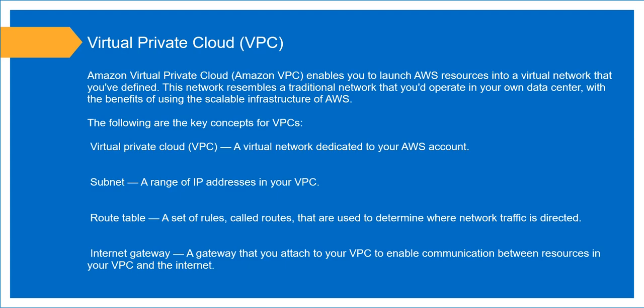And you'll have an internet gateway, and the internet gateway is attached to your VPC, and this is how your network communicates to the internet, to the world. So these are the main key concepts to know when working with VPC. And now I'm going to show you a demonstration of how you can create your own VPC in AWS.